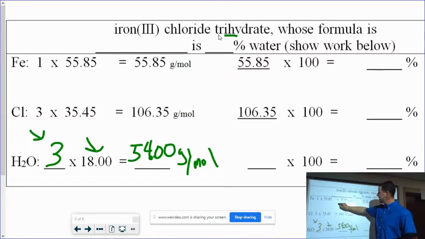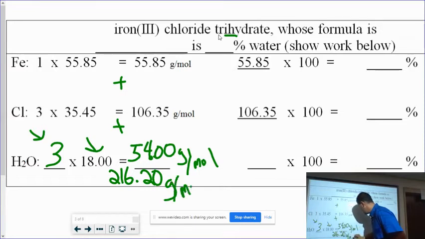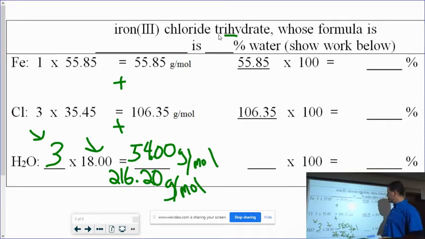We total this plus that, and then we get a grand total. And if we do that grand total, it should be 216.20 grams per mole. Okay, so you should pause the video and now calculate the percent water for all of this compound.